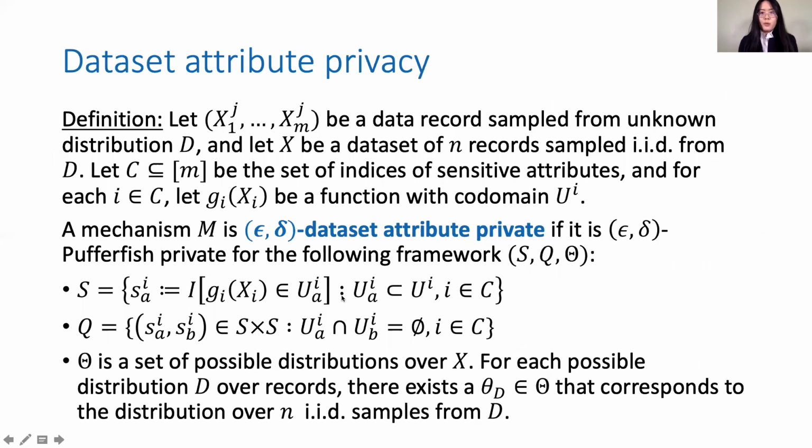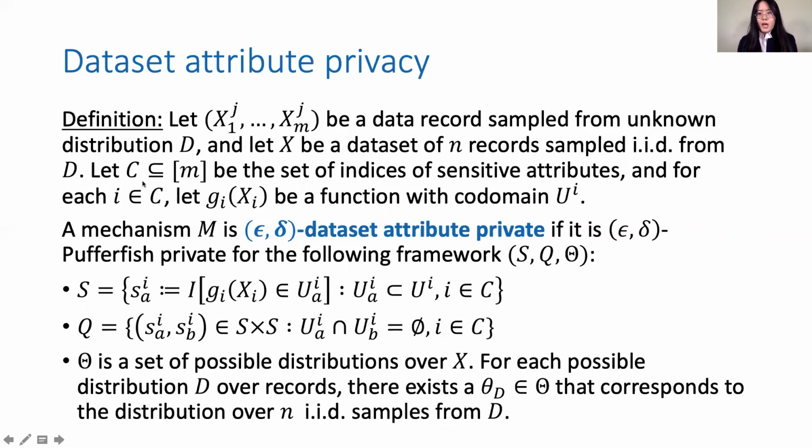And here is our formal notion of dataset attribute privacy. Okay, it might be the most dense slide you've ever seen, but I promise all the details are important. Let's start with a data model. x_ij is a data record sampled from unknown distribution D, and our dataset contains n records sampled IID from this distribution.